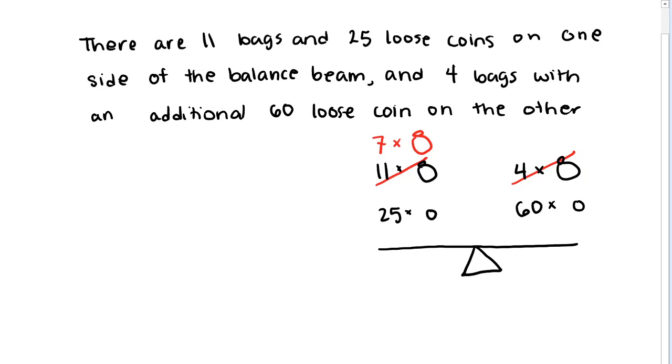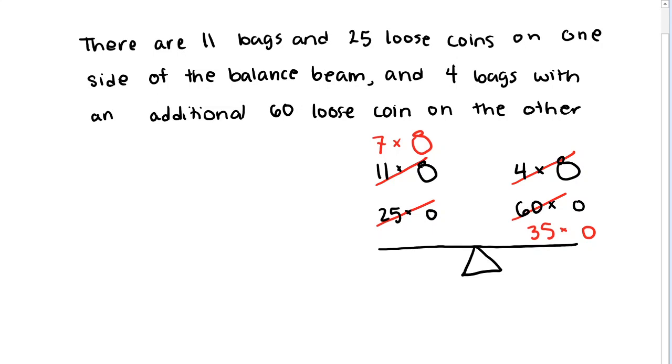Now next, there's some coins in common too that I can remove from this balance beam and still have things be balanced. One side has 60, one side has 25, so I can take away 25 and still feel okay about things, right? If I take away 25 coins from both sides, the left side won't have any coins, just bags. And the right side will have 35 sets of coins.